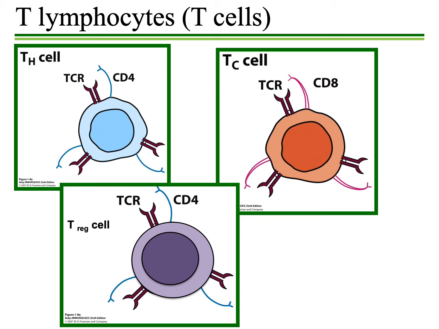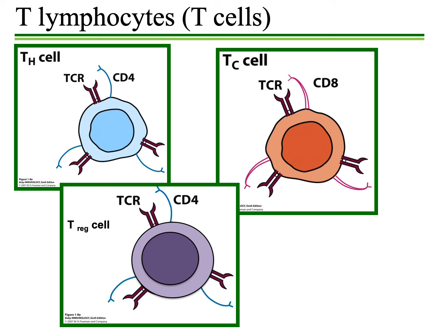It could include some type of damage, but in most cases is either growing out of control as part of a tumor or has been infected with a virus. And so those types of self cells do in fact need to be destroyed, and the cells that play a role in that are cytotoxic T cells. These cytotoxic T cells produce molecules known as cytotoxins, and the cytotoxin's job is to destroy that altered self cell.